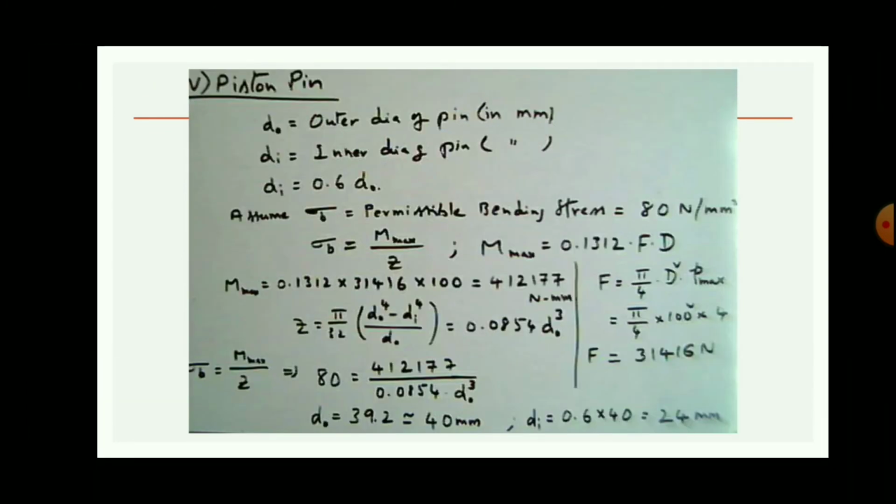Next is the piston pin. For the piston pin we are going to calculate the diameters, outer diameter and inner diameter. We also have a relation between the inner and outer, which is DI equal to 0.6 into DO.